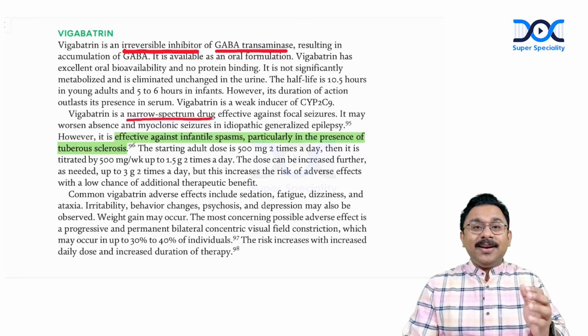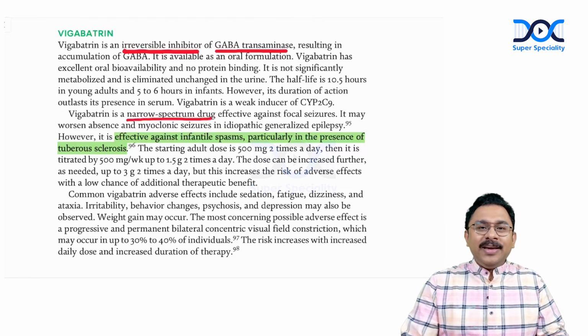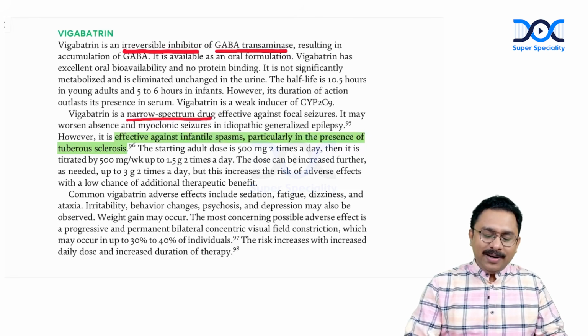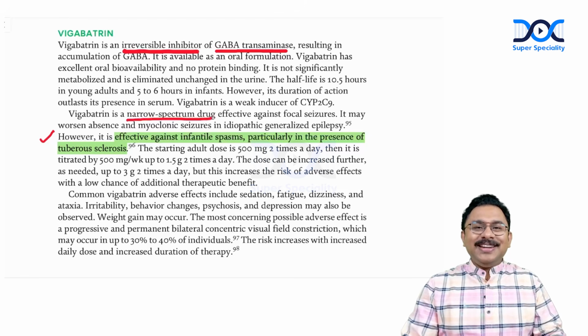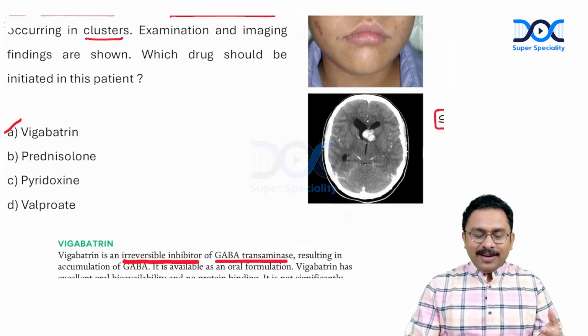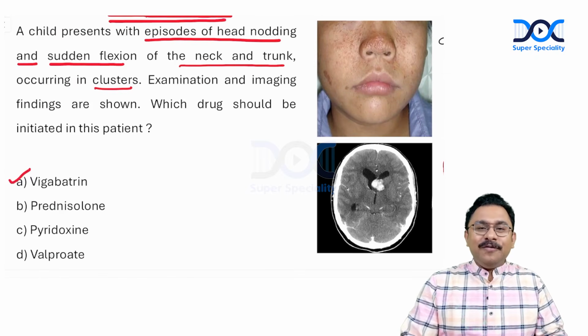But remember, there is one FDA approved indication for monotherapy of vigabatrin, and that is in infantile spasms, especially in the context of tuberous sclerosis. So because of that, the answer for this question here will be option A, vigabatrin.